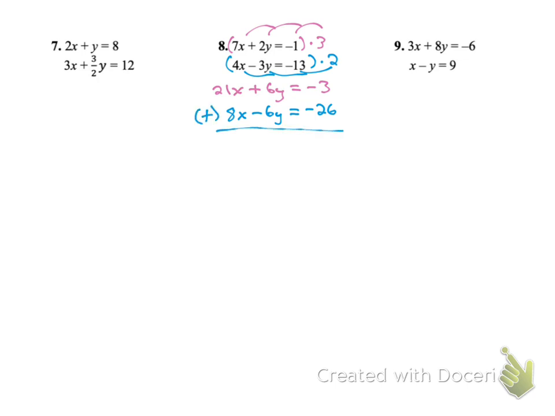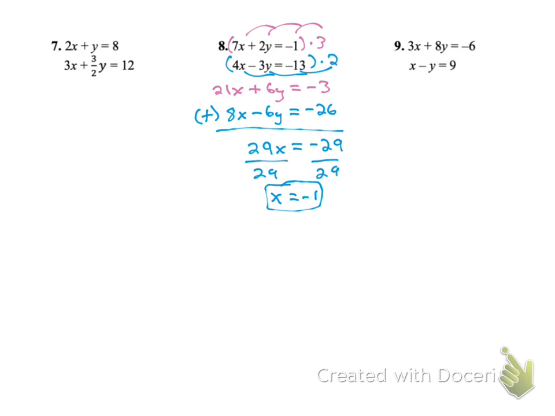Add them together, and I will get 29x equals negative 29. Divide by 29, x equals negative 1.